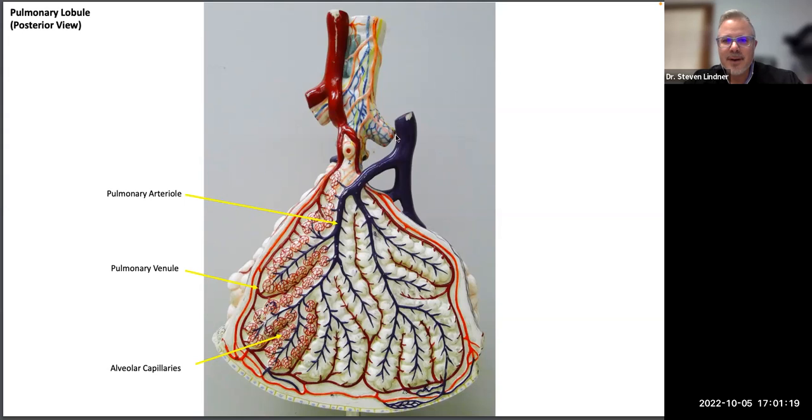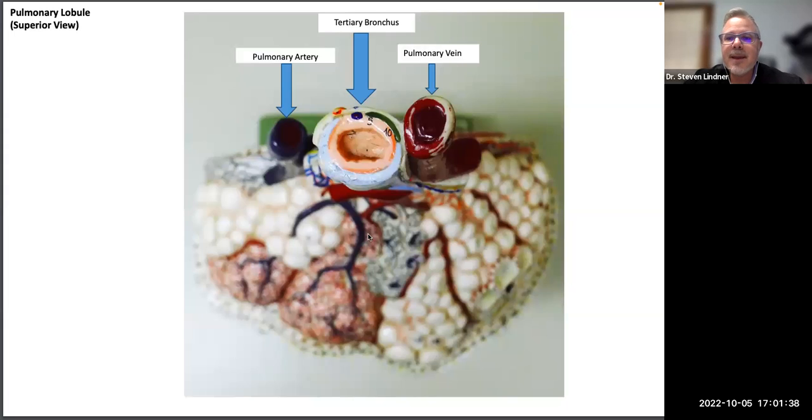Okay, so you have pulmonary artery, pulmonary arteriole, pulmonary venule, pulmonary vein. And where they meet and communicate and do their exchange is at the alveolar capillaries, which are deep in the alveolar sac.